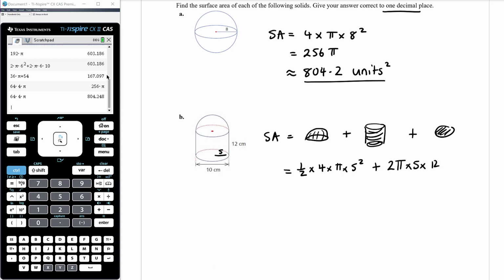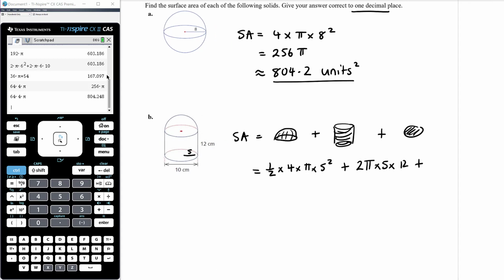Okay, and then we have the circle on the bottom, which is pi times the radius squared, so pi times 5 squared. We've just got one circle. So again, it's just about identifying what are the surfaces of this shape, how many are there, and what formulas do I need for those.